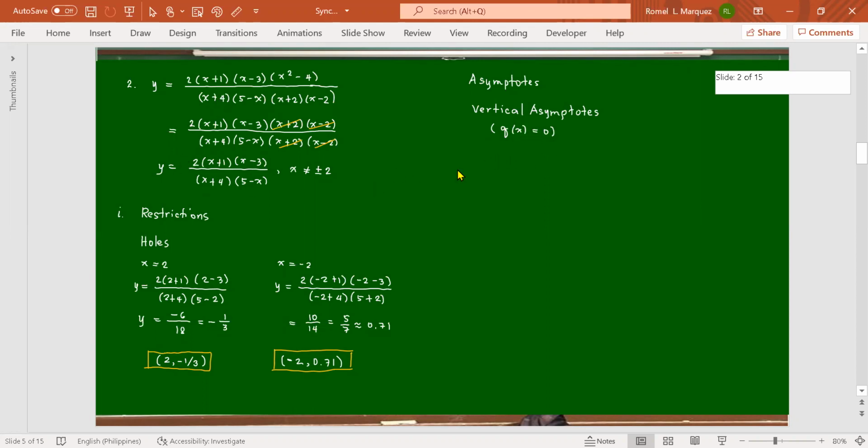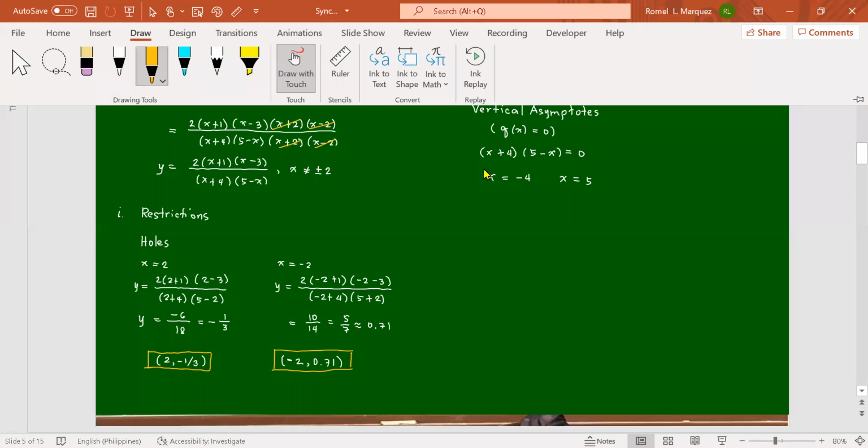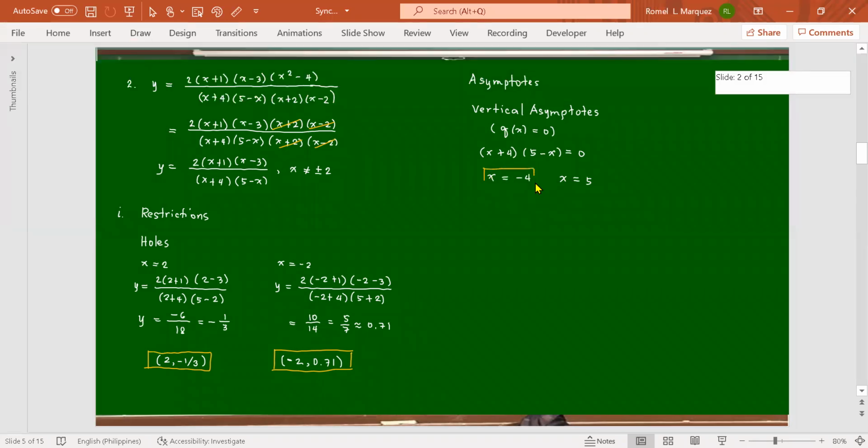Okay? In the simplified, x plus 4, 5 minus x. What are now the vertical asymptotes, guys? x equals -4 and 5. Is that correct, guys? Yes, sir.